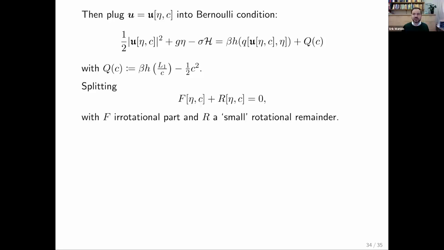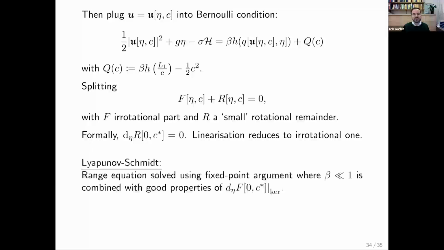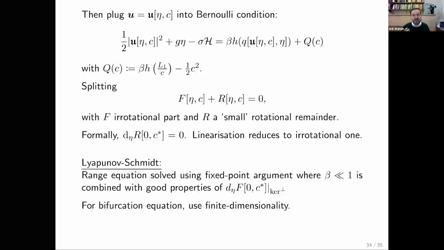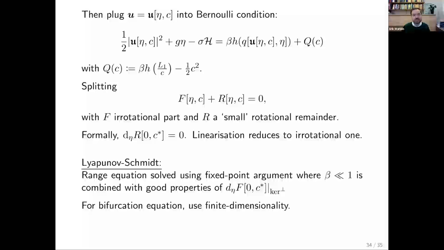Essentially, when we solve the range part of that, we combine the good properties of the irrotational case, the standard implicit function theorem argument in Lyapunov-Schmidt, with Banach's fixed point theorem. Then we plug that into the other part of Lyapunov-Schmidt, and we have a problem with losing derivatives, but it's actually okay there because the problem is finite dimensional.